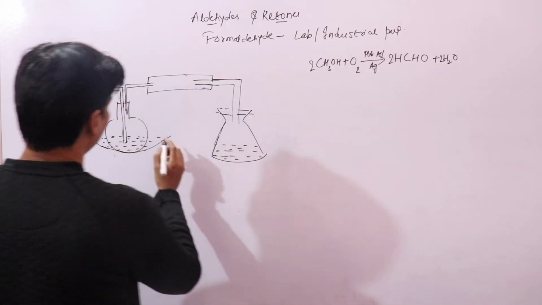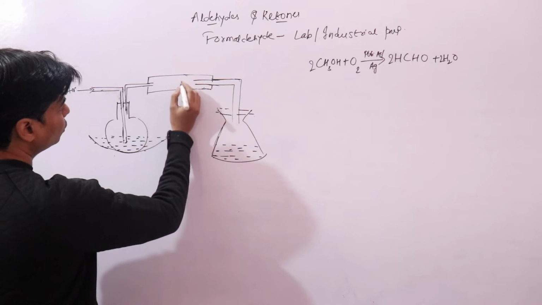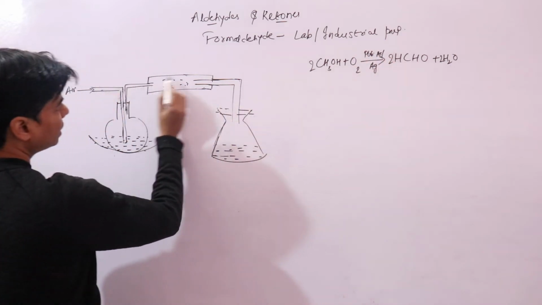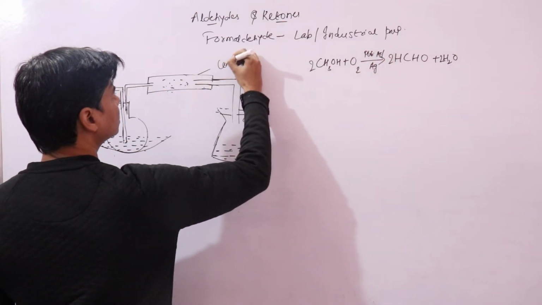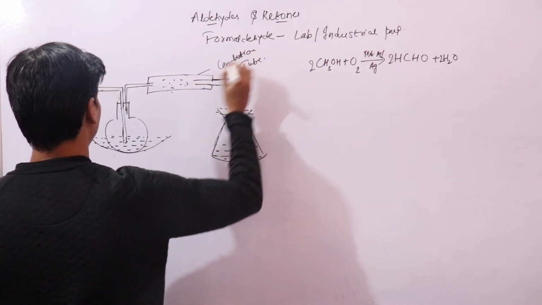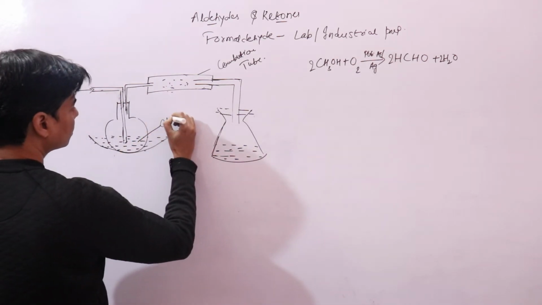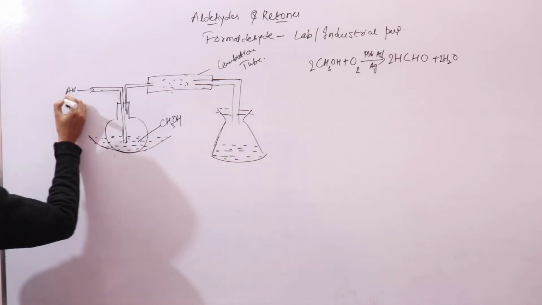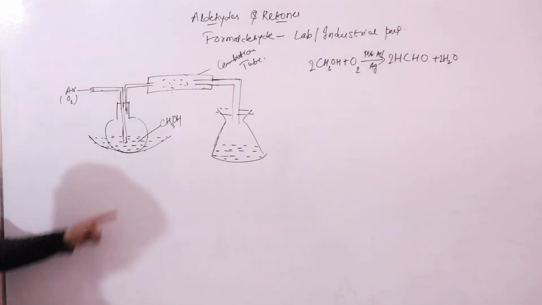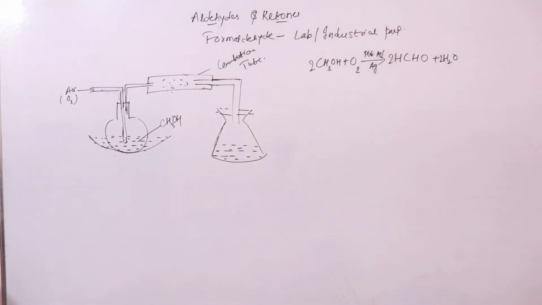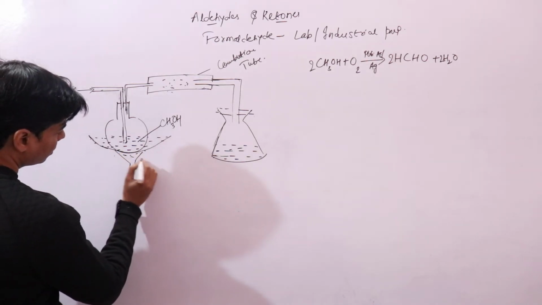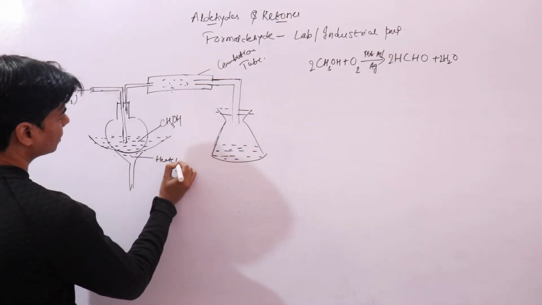Now this is your combustion tube, which has platinized asbestos or silver. Here you have methanol, and from outside air is sucked in. And this round bottom flask would be heated with a burner.